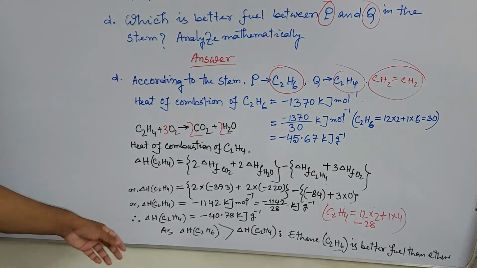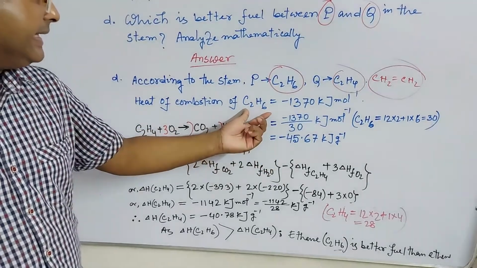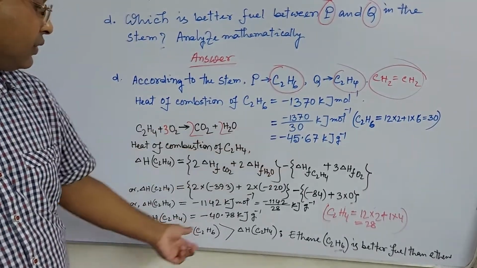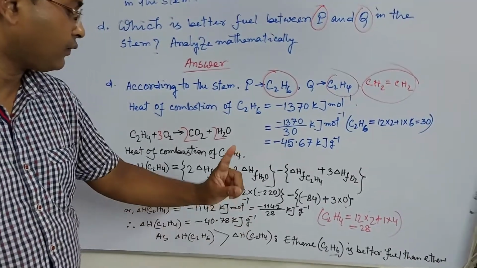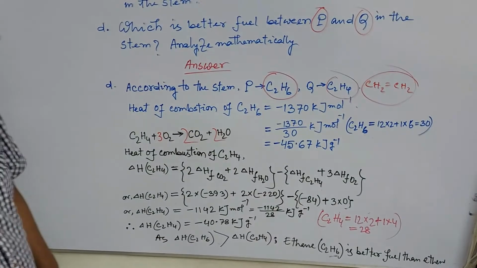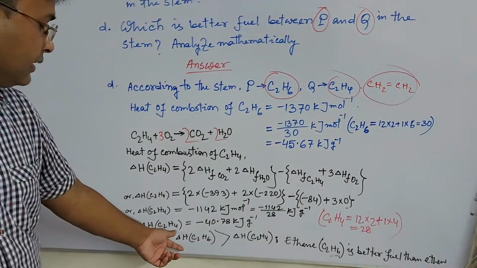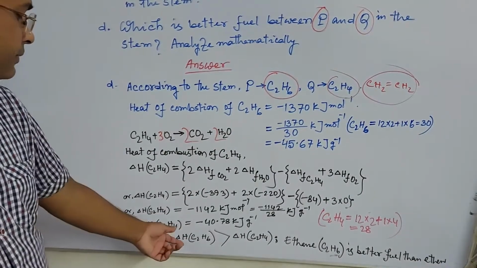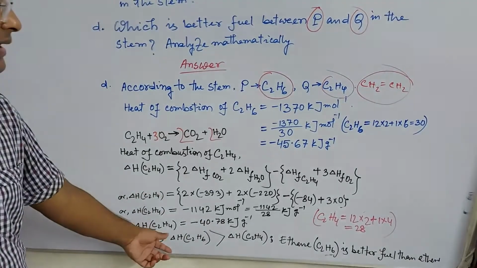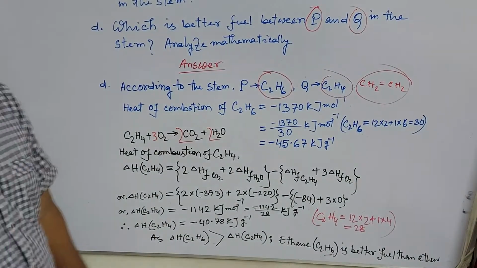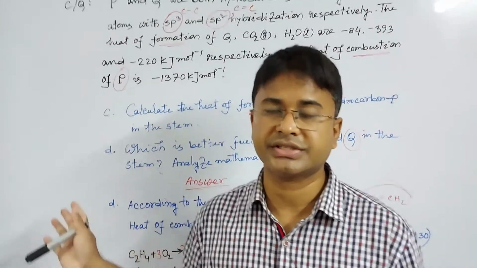So it is seen that the heat of combustion of ethane is more than that of ethene for 1 gram. As the heat of combustion of ethane per gram is more than ethene, ethane is a better fuel. My dear students, that's all about this creative question.